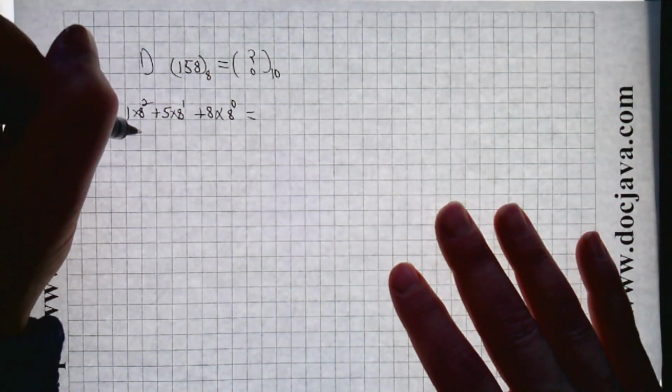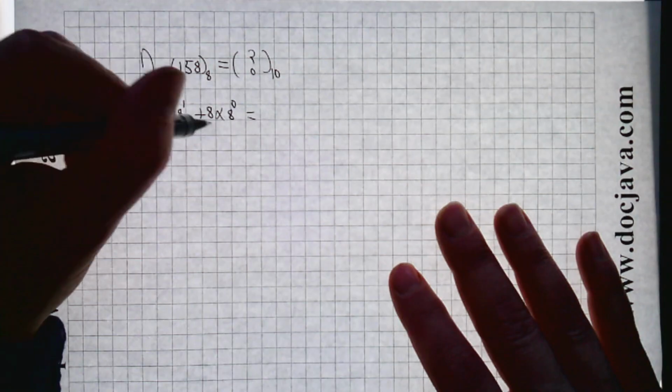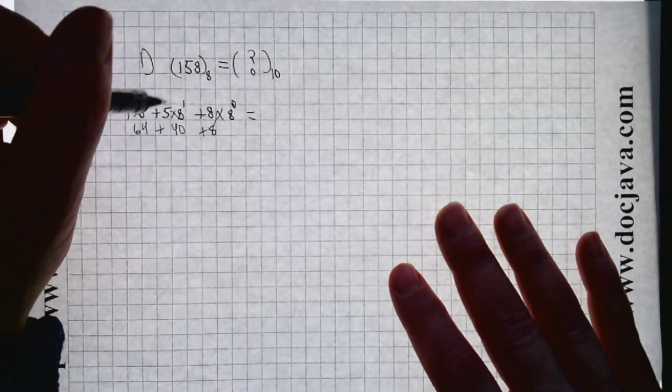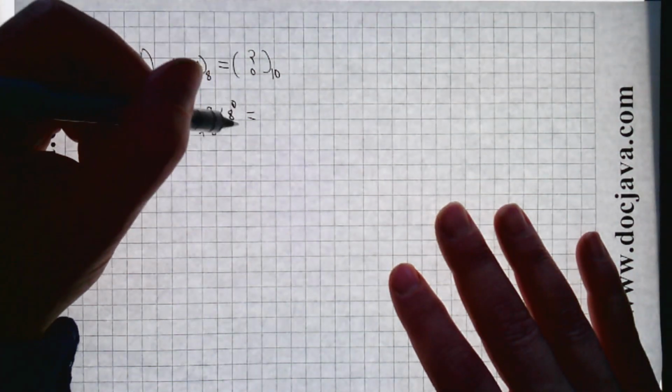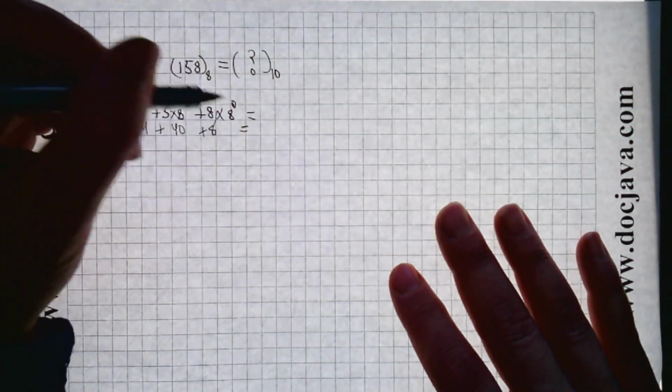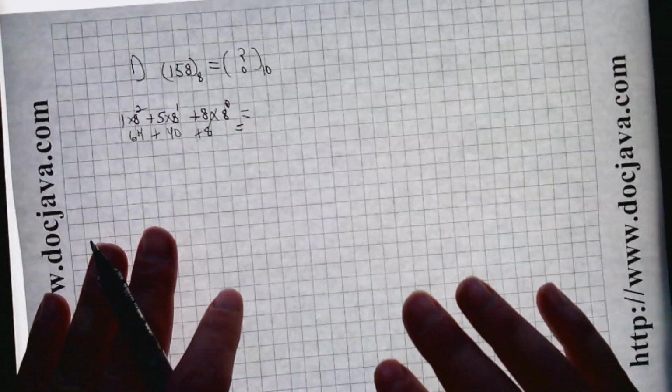Well, let's see, 8 times 8 is 64. And this is 40. And then this is 3. Now I have 104 plus... no. Did I do this wrong?